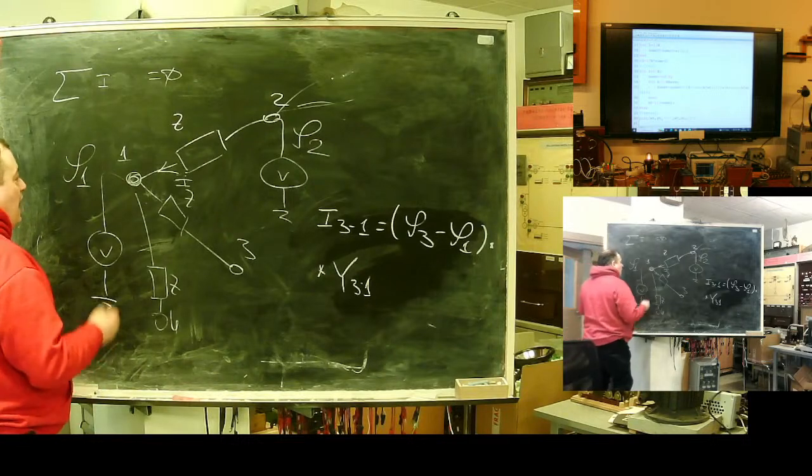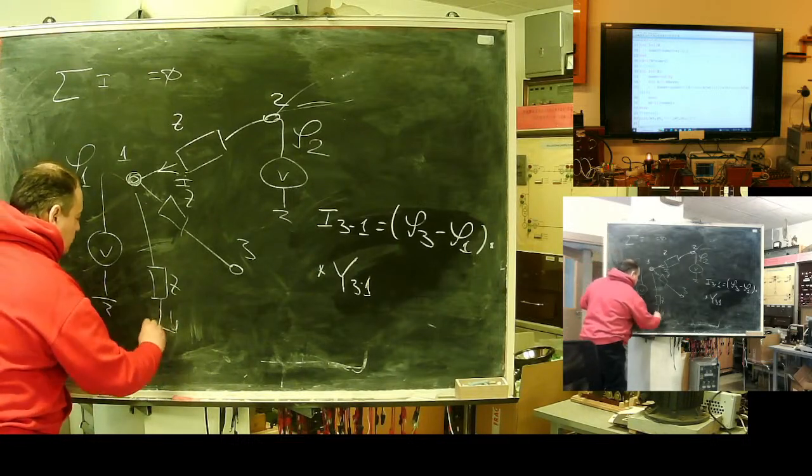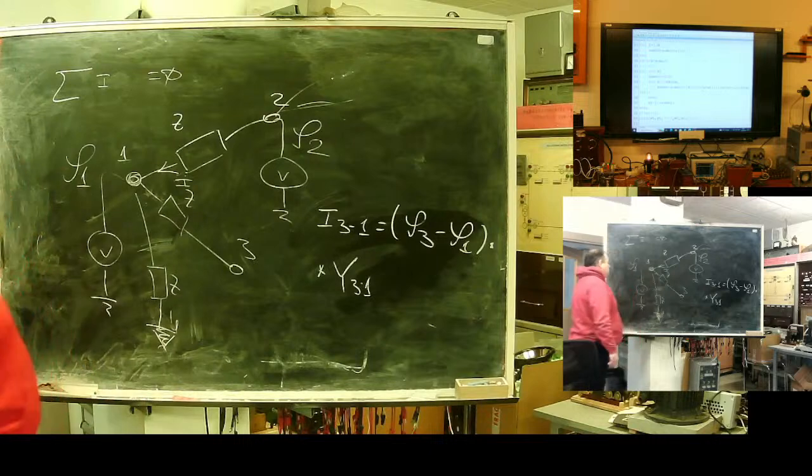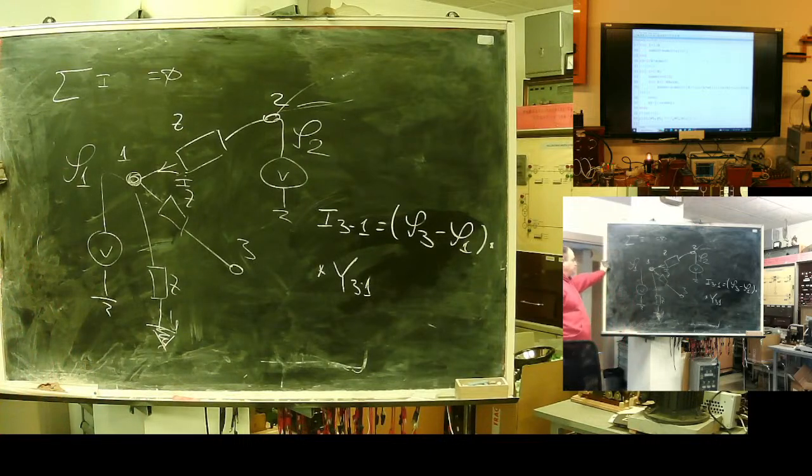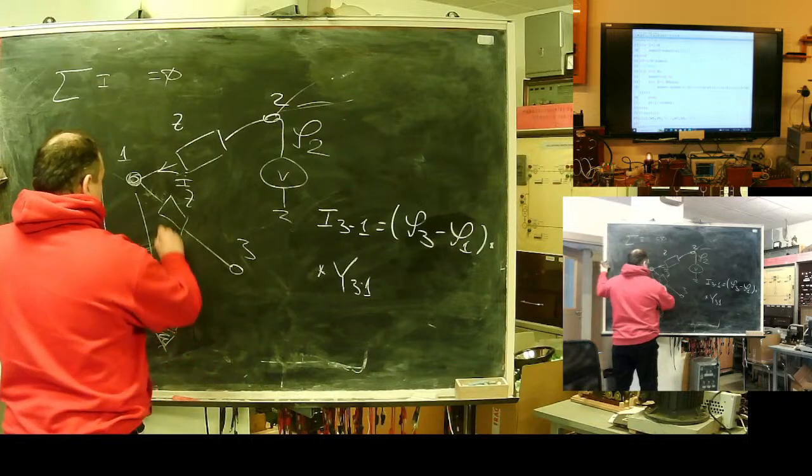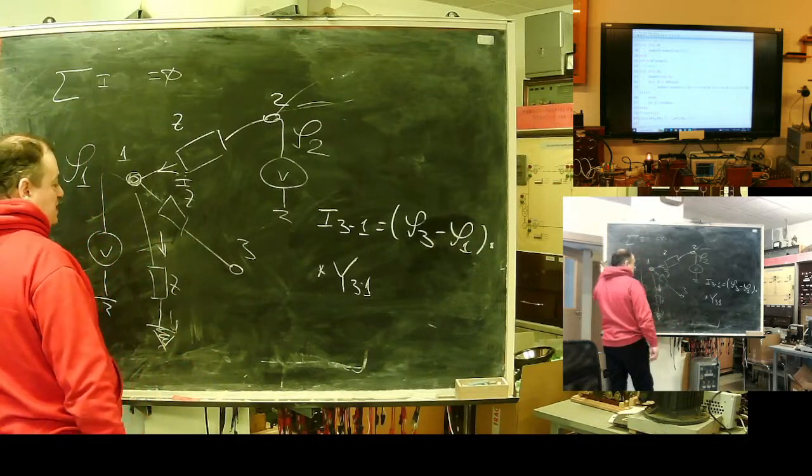Let's say I need one node to be a base node. I need to fix a ground, or there will be no solution. For this current, I will assume the current flows like this.